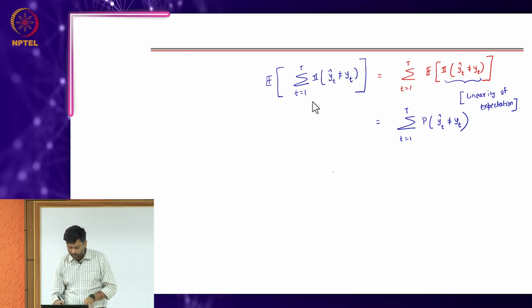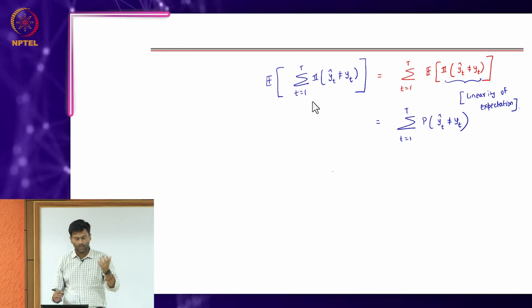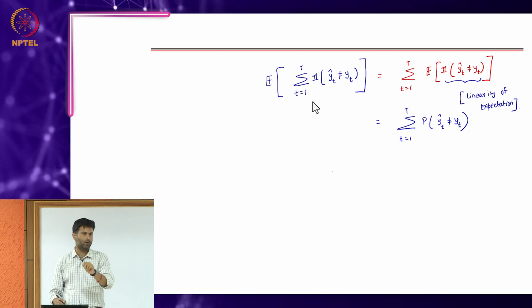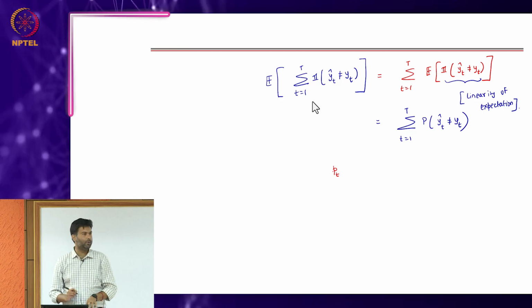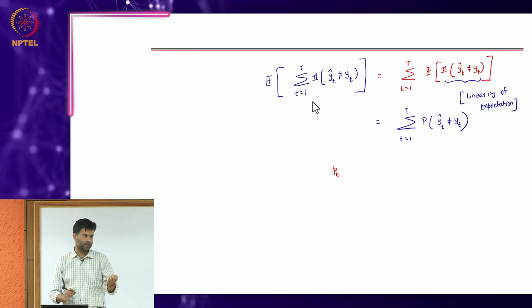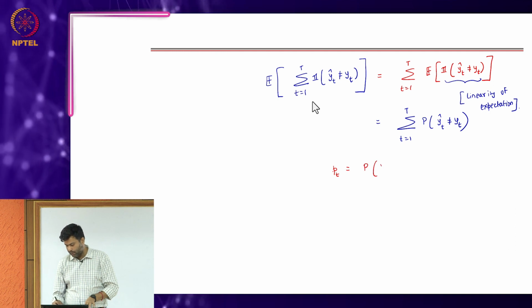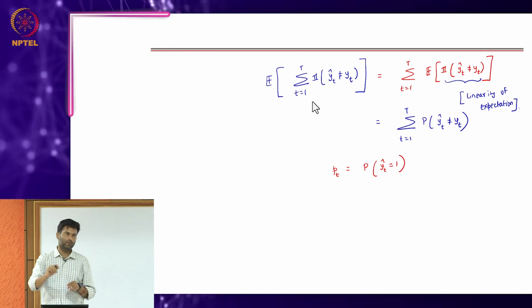Now let's see why this is a superpower in the following way. At round t, I have some randomized algorithm. Let's not fix the algorithm yet. It is some algorithm which decides whether to invest or not invest by flipping some coin, and let's say that coin has some probability pt of showing up heads, of deciding to invest. That is, pt is just the probability that my algorithm in the tth round decides to invest.